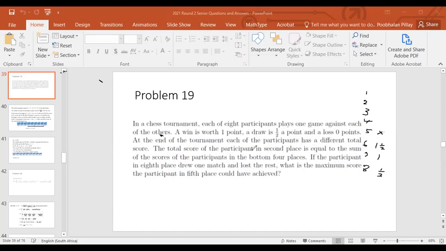It is also given that the participant in the second place is equal to the sum of the scores in the bottom 4 places. So when you add the scores in the bottom 4 places, 1.5 plus half is 2, plus 1 is 3. So you get x plus 3, and the person in the second place has got a score of x plus 3.